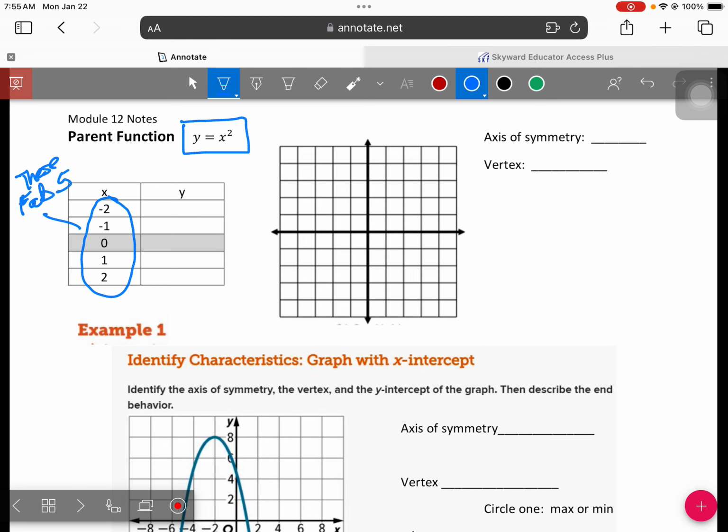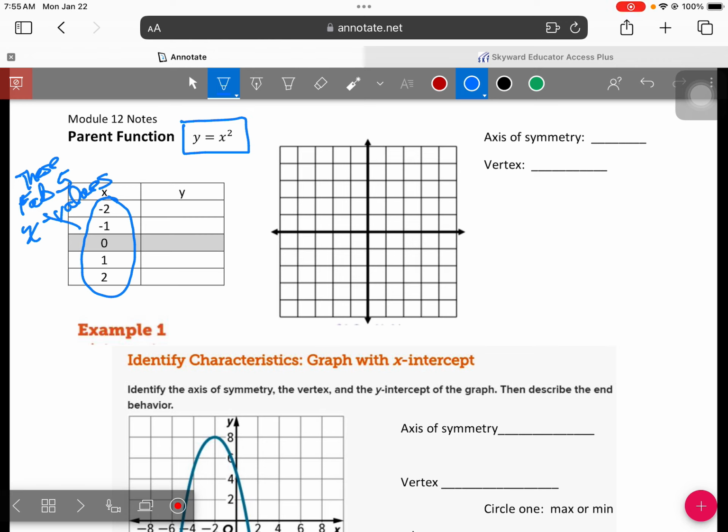And when dealing with, especially the parent function, we use these fabulous 5 x values. Because we often want to know what happens when x is negative, like at -2 and -1. What happens when x is 0? What happens when x is 1 or 2? Okay? We want to see what's happening.